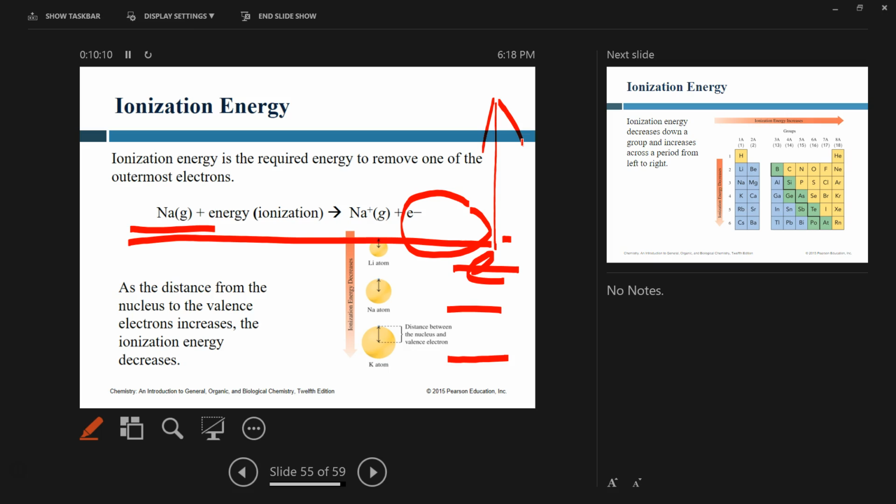The energy required to strip an atom of 1 electron from the outermost shell is called ionization energy. Does that make sense?